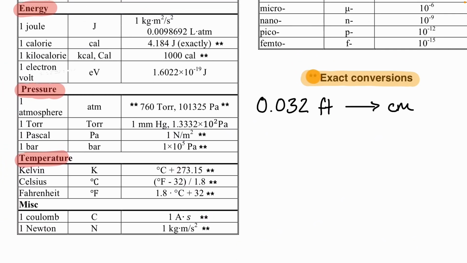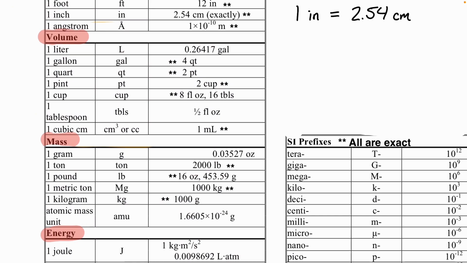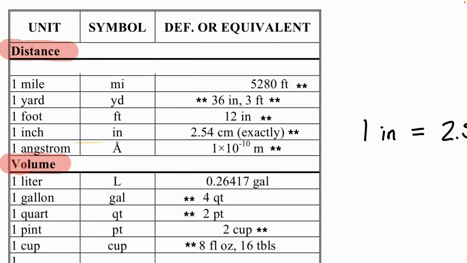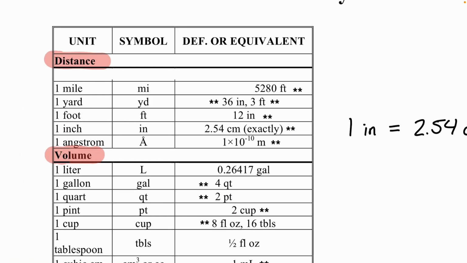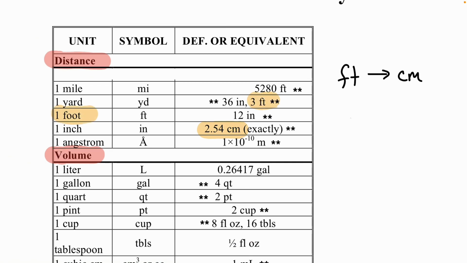Distance, mass, volume. Okay, we're talking about distance again. But if I look on this table here, now I have a problem. I'm trying to get from feet into centimeters, but I don't have anything that jumps directly from feet to centimeters. I see centimeters here, I see feet here, but I don't see them both in one row.